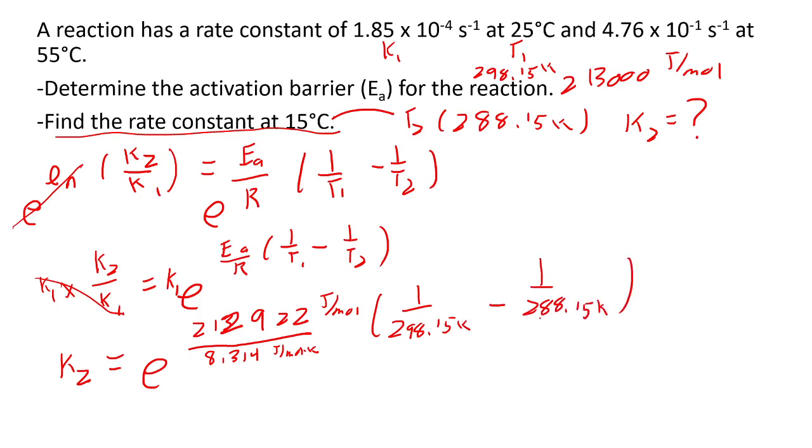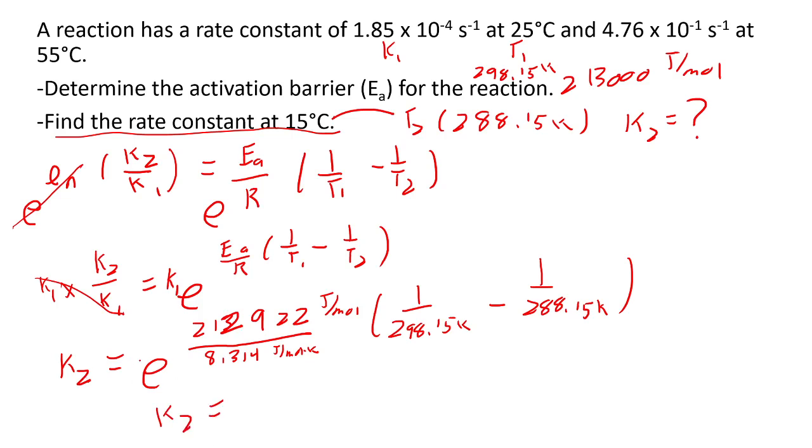So in terms of units, when we subtract these, we're going to get K to the negative 1, and that will end up canceling with the Kelvin down below with our R, and then the joules per mole will cancel. And it'll be unitless when we take e to a unitless number, which will work out fine because it's an exponential. So that will work out for this part, and we are going to get that K2.